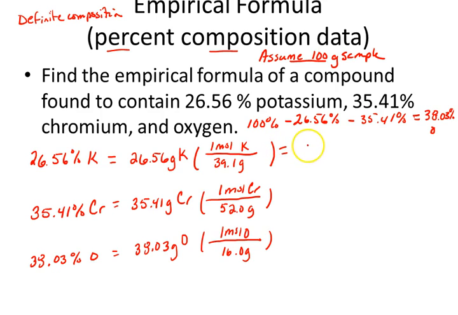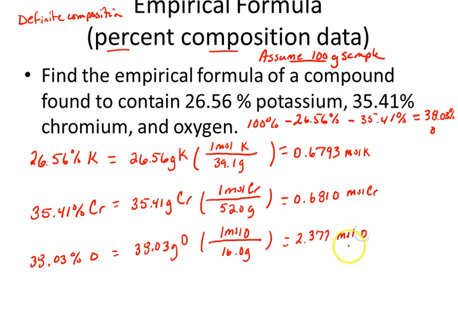The values we get for this are 0.679, 0.6810, this is moles potassium, moles chromium, and then 2.377 moles of oxygen.